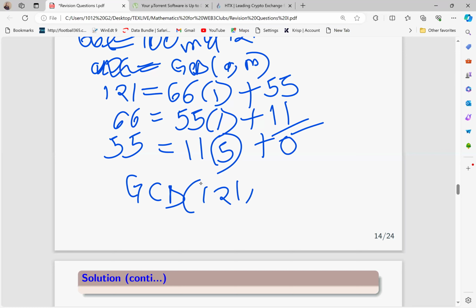So first of all, you have to realize the condition, and the second test you have to do is that the GCD of a and m should divide b.